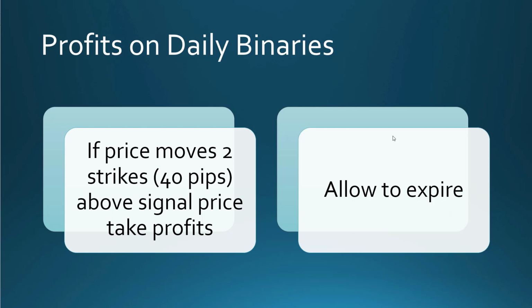Now, and this is something that some of you may understand, some of you may not, okay? Let's say that the signal comes out, and let's make this simple. We're going to use the 1700 area again, okay? And let's say that it tells us to go long.